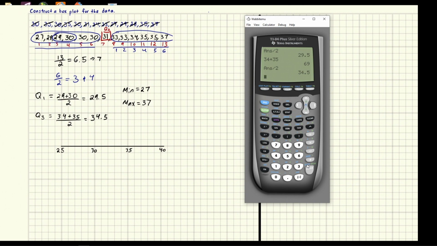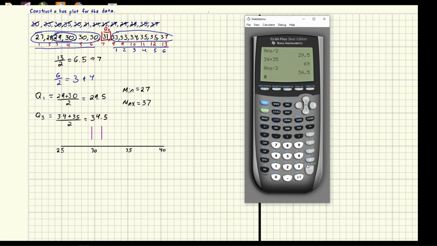All right, so our first number is 31. That's Q2. I'm going to do it here in pink. 31, I'm going to put it right here. We make the quartiles solid up and down lines. So I'm actually going to use the line tool to do this because it'll look nice. Our first quartile is 29.5, so that's going to be right here.